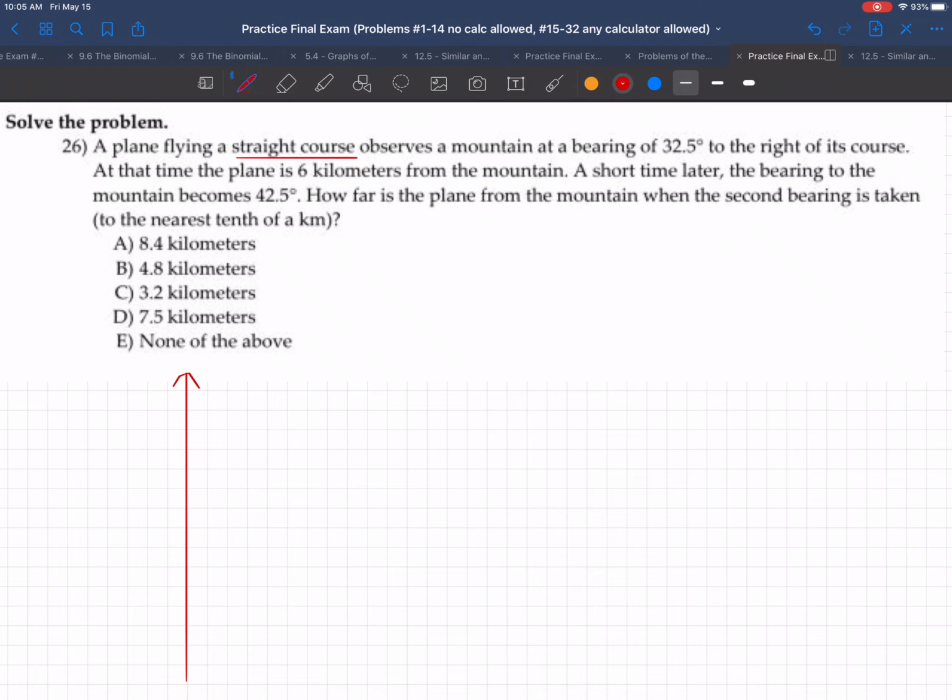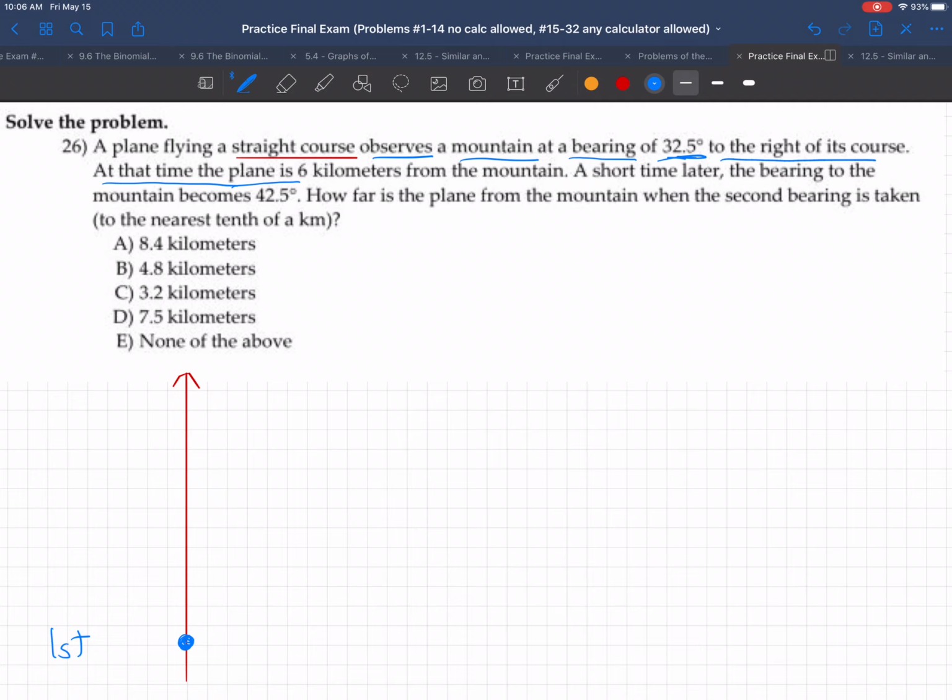Okay, but it takes two bearings. Now, it's in two different spots. So let's start off right here. So the plane's right here. This is its first bearing, and it says at that time the plane is right here. It observes a mountain at a bearing of 32.5 to the right of its course.